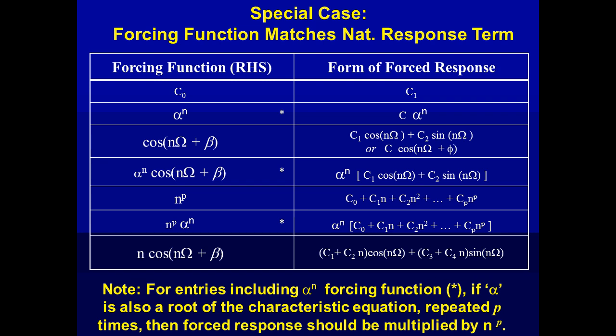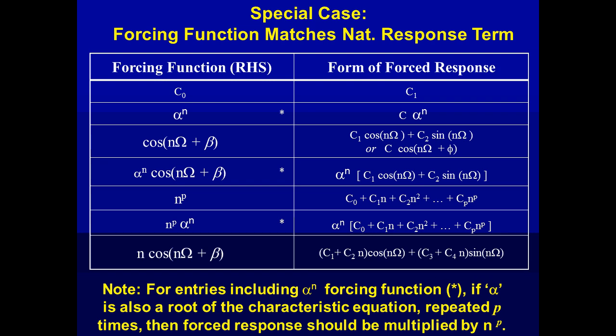Okay. So again, the only thing that changes is the form of the forced response, because the table value matches up with the natural response. I had to add this n, and that just affected the net forced response that we got.